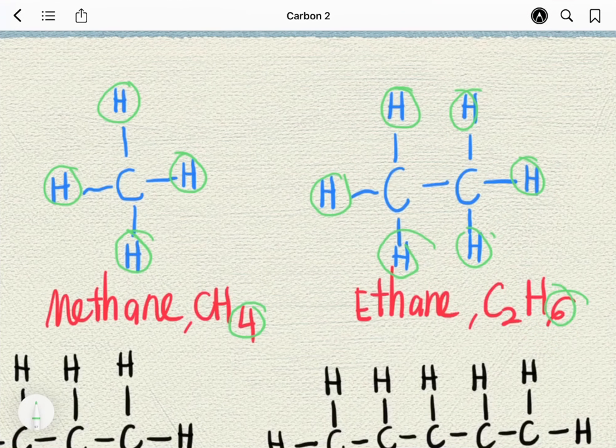So it matches the molecular formula of ethane, C2H6. So when drawing the structural formula, we don't have to keep counting how many hydrogen we are drawing.